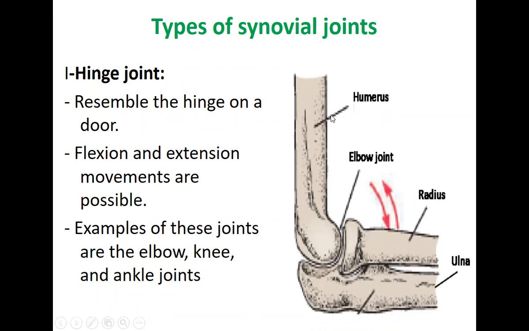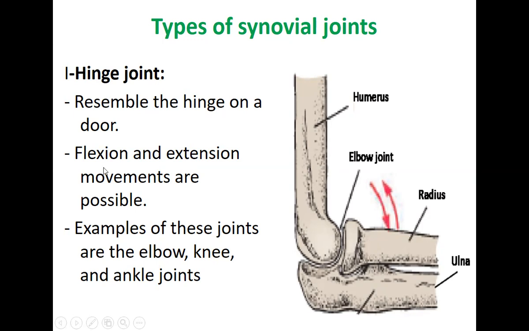Similarly, in some of the joints like the elbow, there is a hinge type of joint, with opening and closing of the elbow. The joint is called a hinge type because it resembles the hinges on a door.